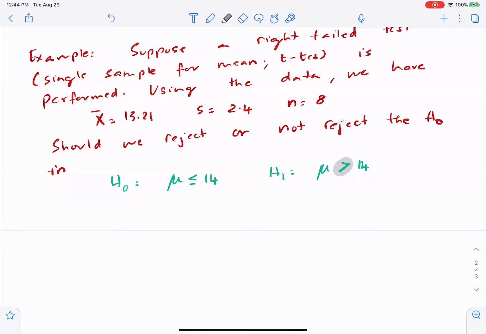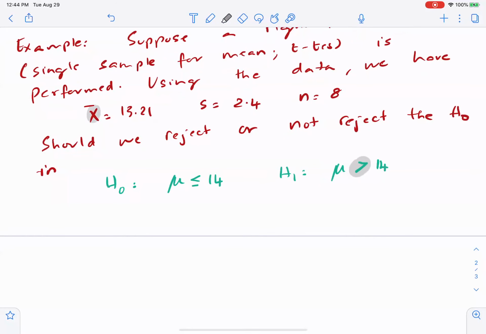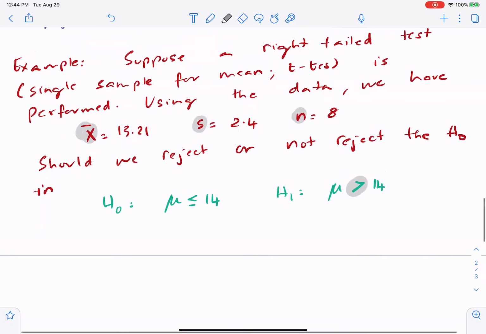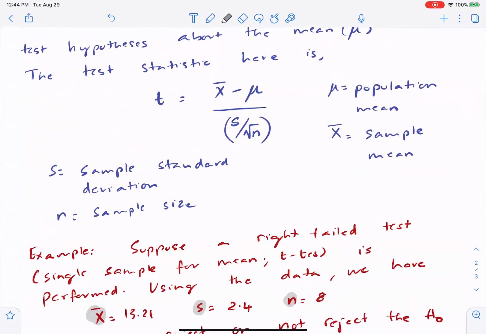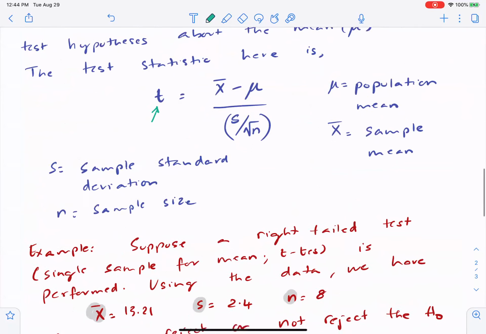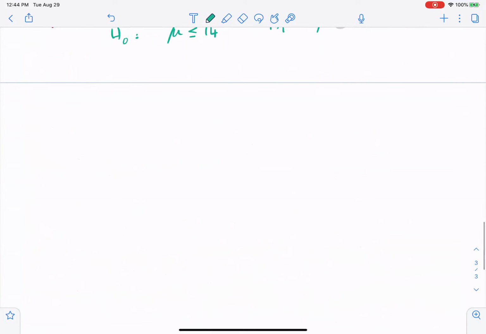So for the test at hand, we have data, we computed statistics from the data, we have the mean, the standard deviation, sample size. Put them all together, I can come up with the test statistic, and that will help us come up with a solution. Algebra. Finally, math. So t equals x bar minus mu over s over square root of n.